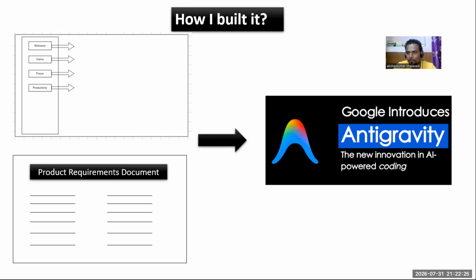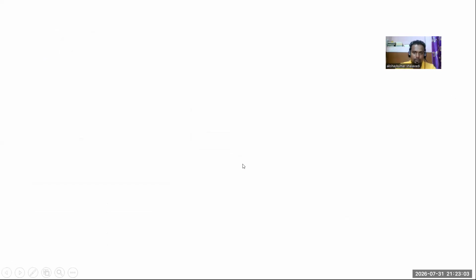In that document, we should mention all the requirements based on our product and our end goal. Then when we feed it to the anti-gravity, it will create a basic idea, a basic setup. And from there, we need to move on to the improvement part. Once the blueprint is done, we have to instruct the anti-gravity on how to build further improvements on the product that we have.